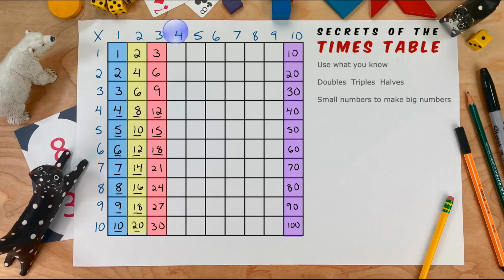Let's think about our 4s. 4s are special because they are all about doubles and double doubles. So 4s are double doubles. We know that 1 times 1 equals 1.